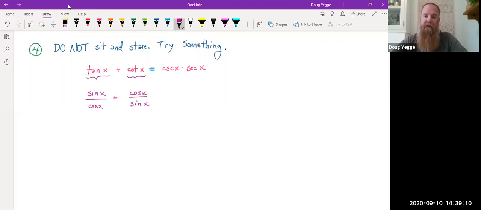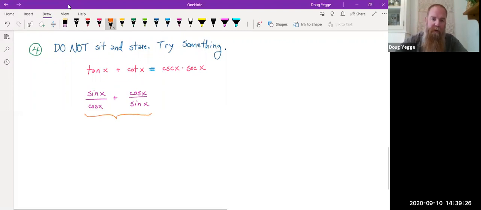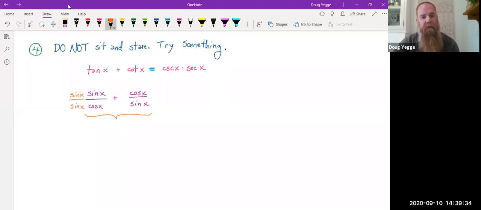But again, it doesn't really give us too much of how to get 1 term here. And so think about it, if I've got 2 fractions, the only way to combine those fractions to become 1 term is by doing algebra. Get a common denominator. So I could see that this side over here is going to need an extra sine x over sine x, while the right side is going to need another cosine x over cosine x.